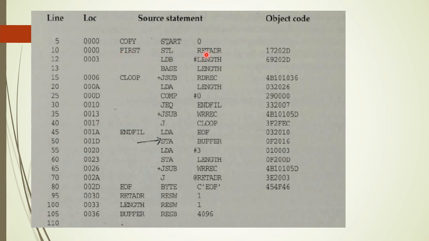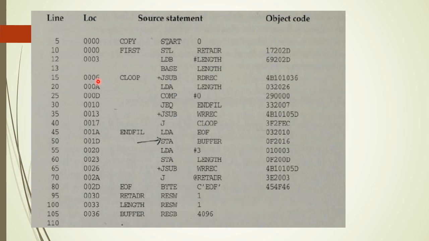Here the first STL is of length 3. Opcode followed by an operand belongs to instruction format 3, so the length is 3. So I will add 3. Then LDB, opcode followed by an operand, I will add again 3. So 0 plus 3 is 3, 3 plus 3 is 6.